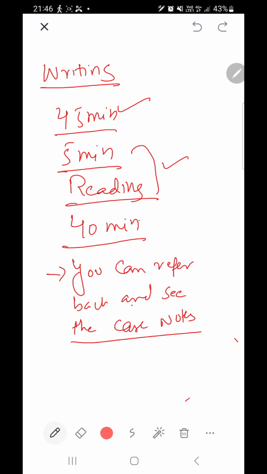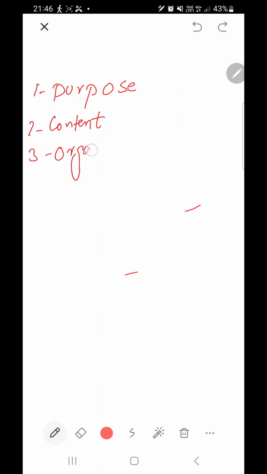Okay. So first of all, the most important thing is the marking criteria. We'll discuss that there are 6 points that you have to see and understand. The first one is purpose of writing. The second is the content. The third is the organization and layout.